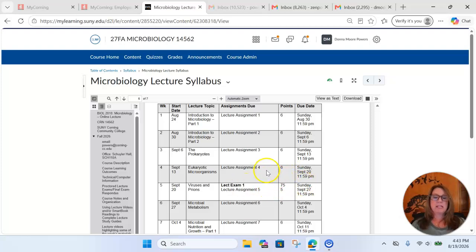Exams are due on Sundays. You can see the point values here. And again, the week's information opens the Friday before, so you actually have 2 weekends to do the material. You have the weekend just prior to the official week, and then the weekend after, except for, again, week 1. So the course officially starts on Monday, August 24.